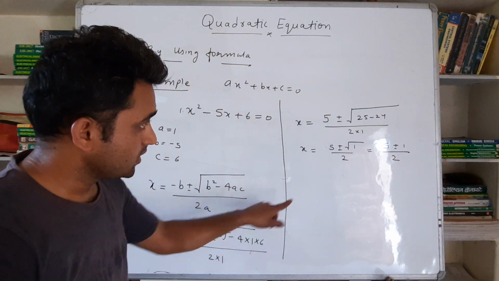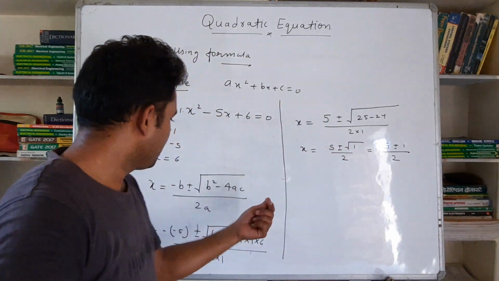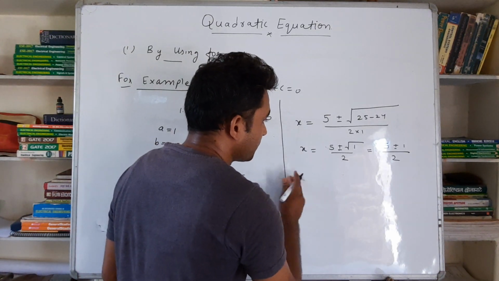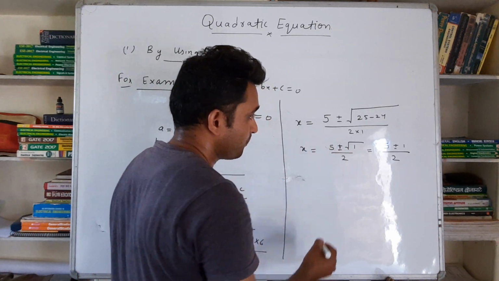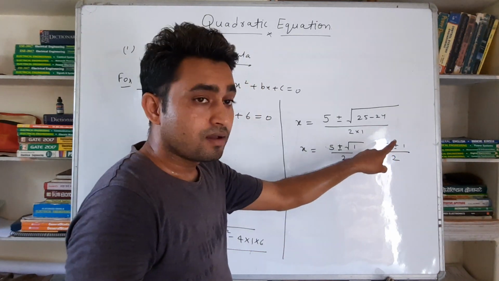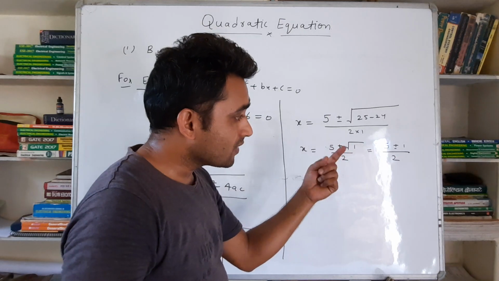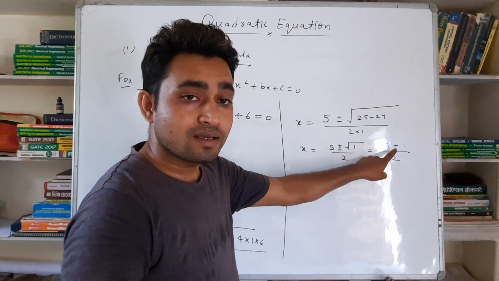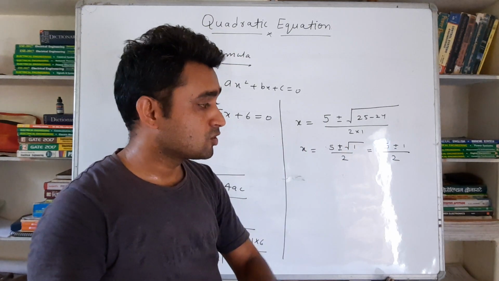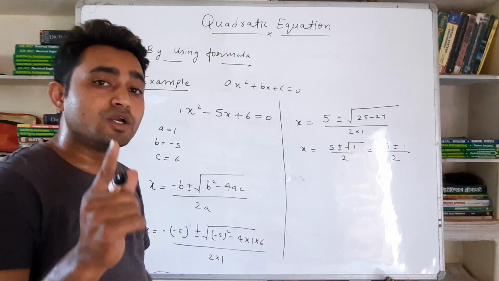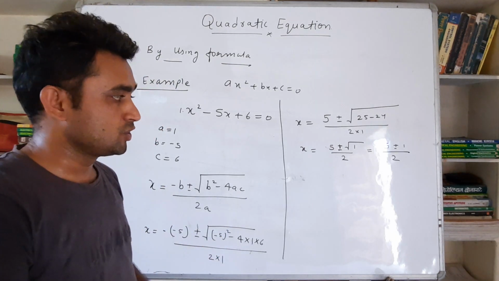Because b square minus 4ac is 1, that's why we can apply our formula. Now if we take the positive sign, we will get one solution. Next, when we take minus, we will get the next solution of our quadratic equation, because this is a quadratic equation, that's why it has two roots, or we can say two solutions.